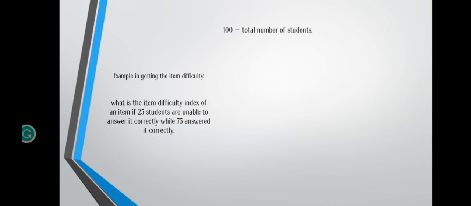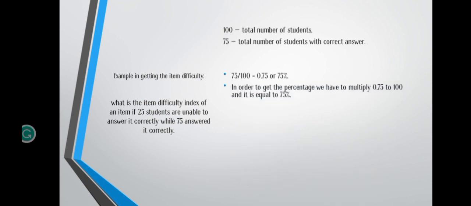So, 100 total number ng estudyante at ang 75 is total number of students with correct answer. So, 75 divided by 100 is equal to 0.75 or 75%. In order to get the percentage, we have to multiply 0.75 by 100 and it is equal to 75%.